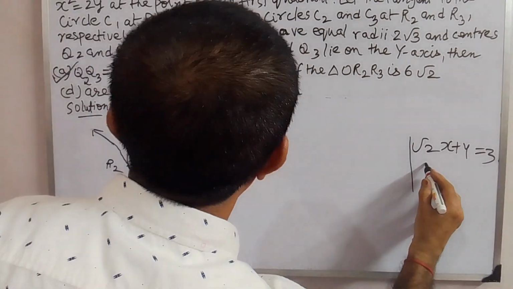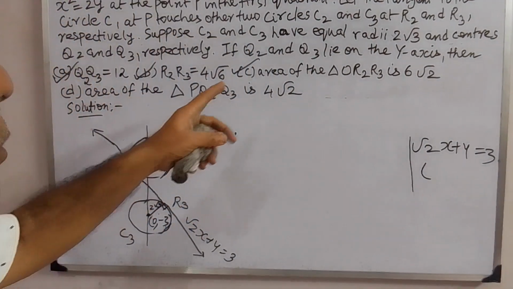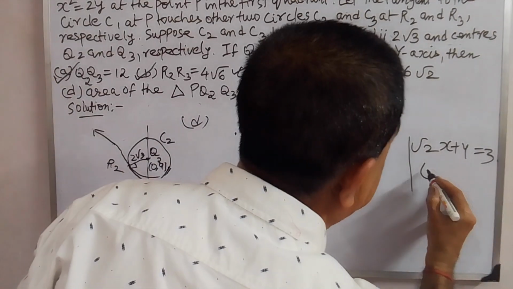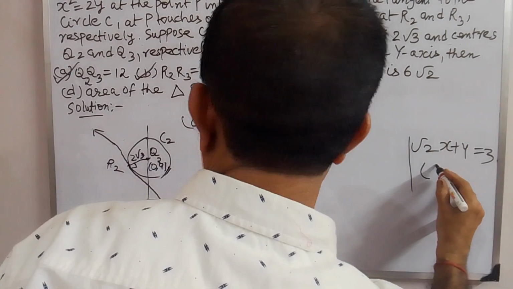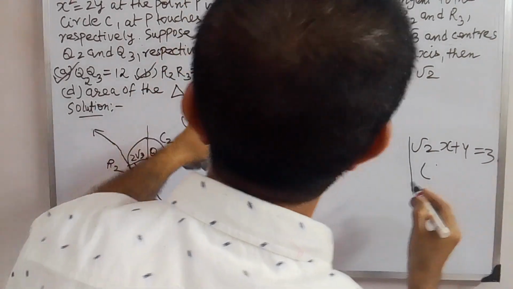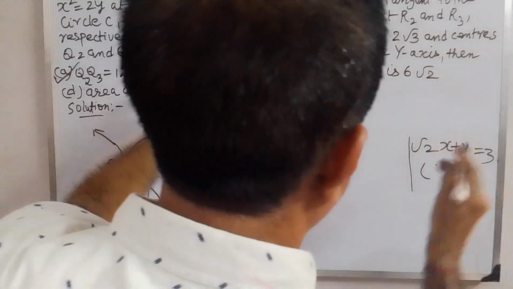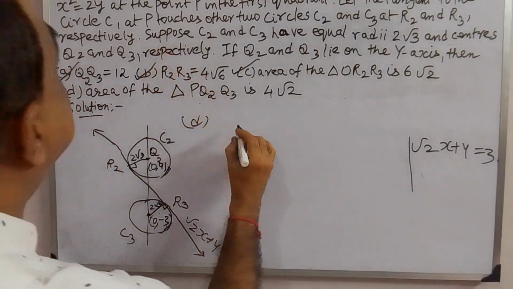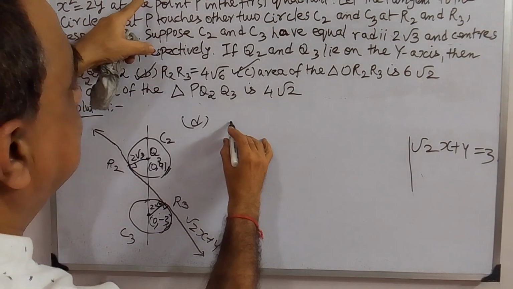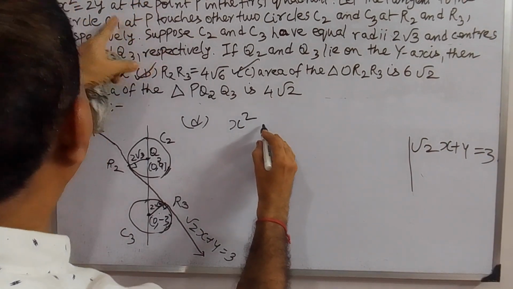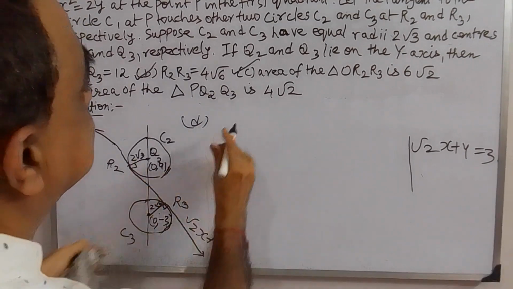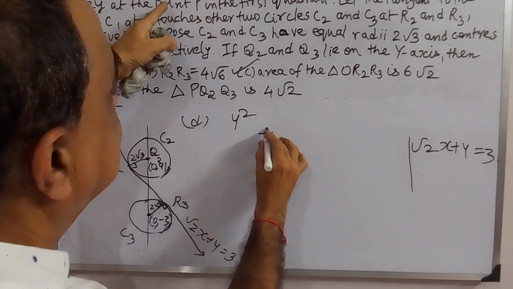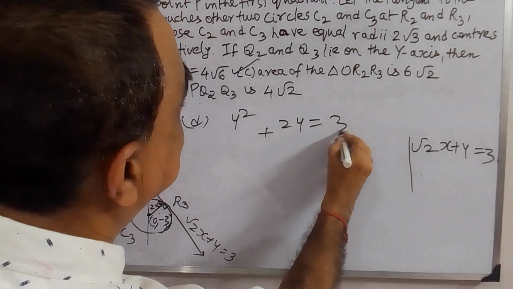We have not written it, so for finding the point P, x squared is replaced by 2y. So y squared plus 2y is equal to 3.